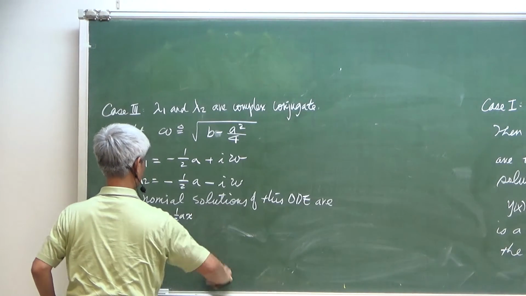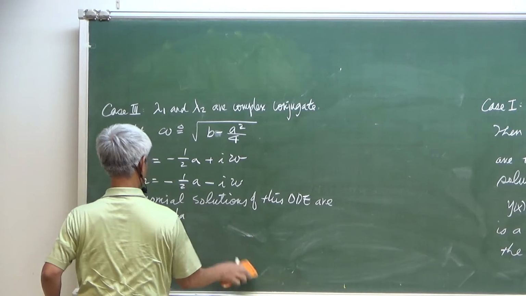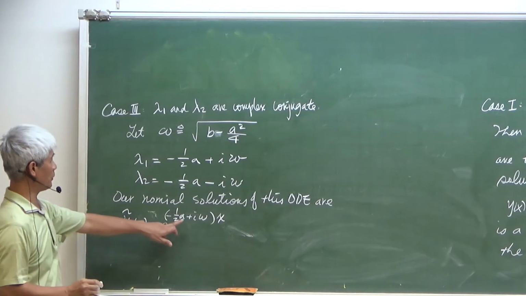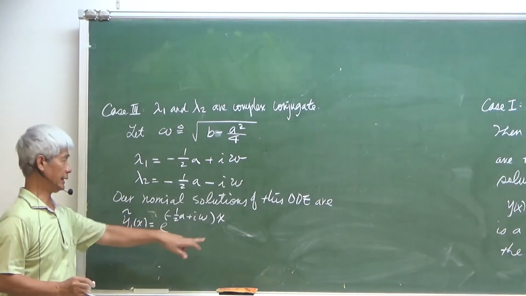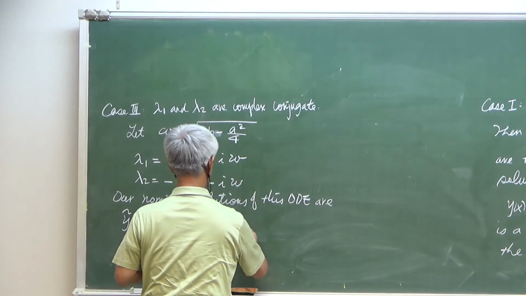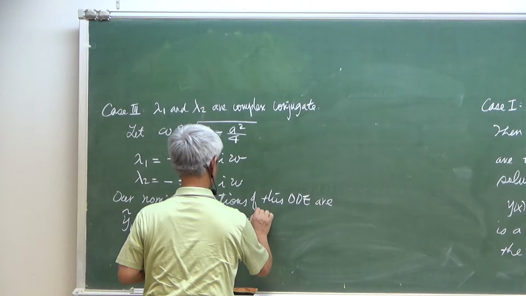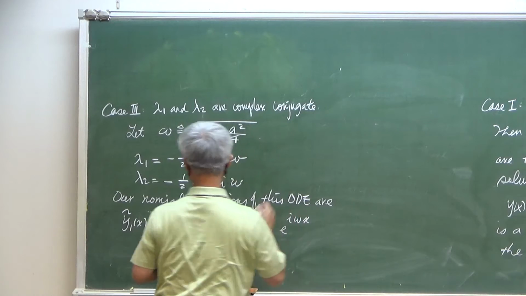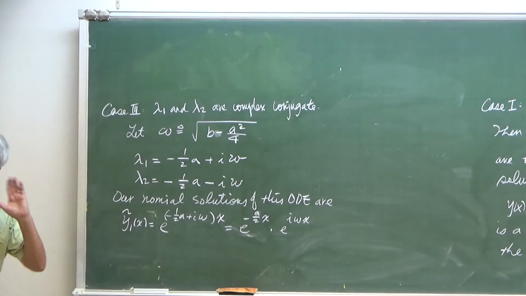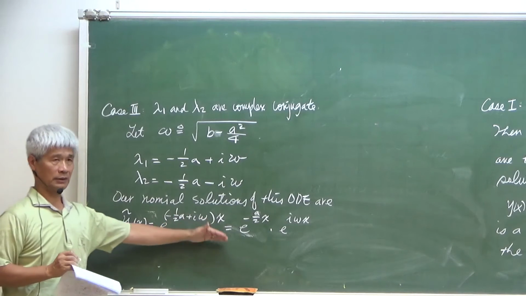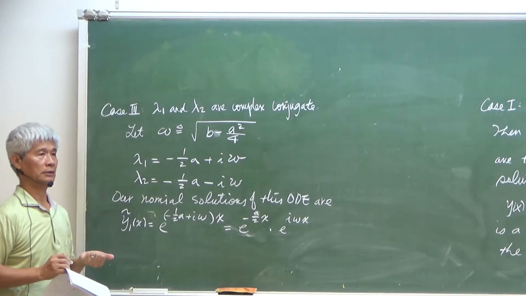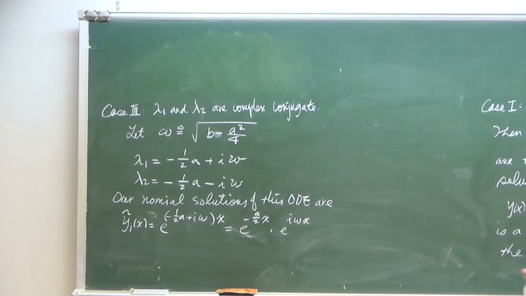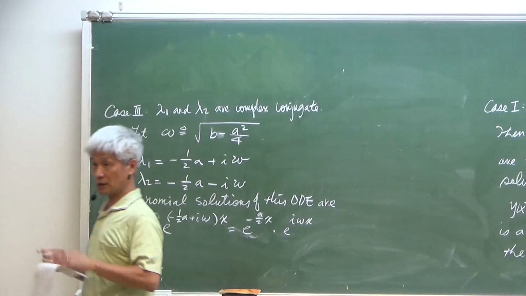Maybe I'm too quick, so just say this is lambda 1, right? Lambda 1 x. And this is equal to a complex function. The value is complex. But we are talking about real solutions. So that's why I say they are nominal solutions.